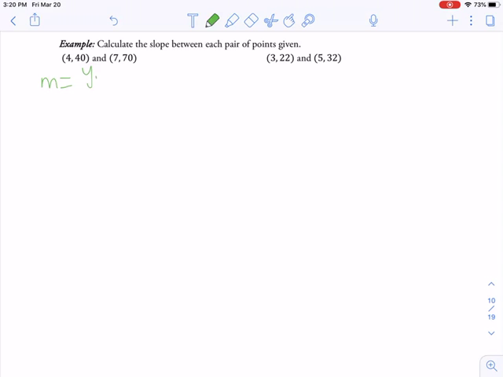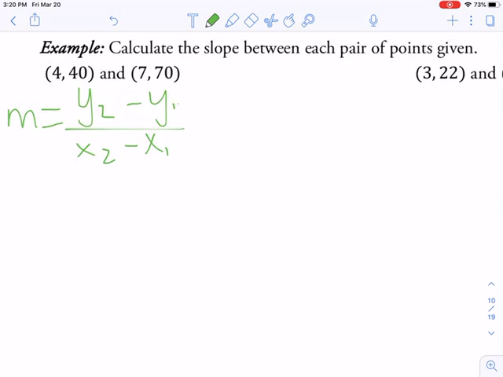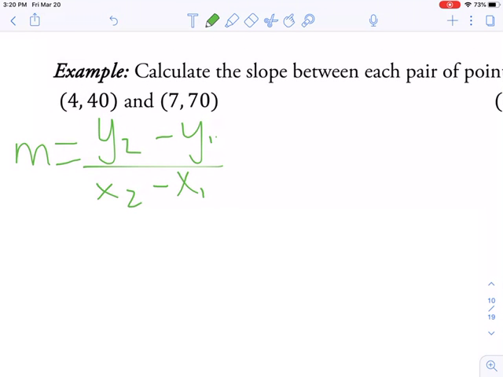Okay, so a reminder that the slope formula is y2 minus y1 all divided by x2 minus x1. Okay, so what I would recommend, and of course you can do what you would like, but I would always recommend labeling your points.